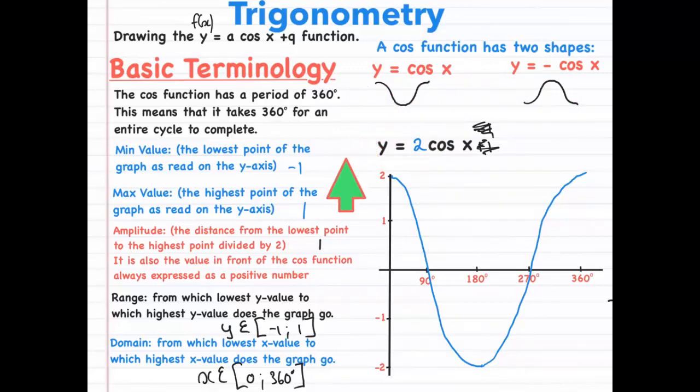Now I also quickly want to show you what happens if the value at the front of the cosine function is negative. So if there is a minus in front of this 2, please remember that our amplitude will still be 2, because an amplitude is always expressed as a positive number, okay?